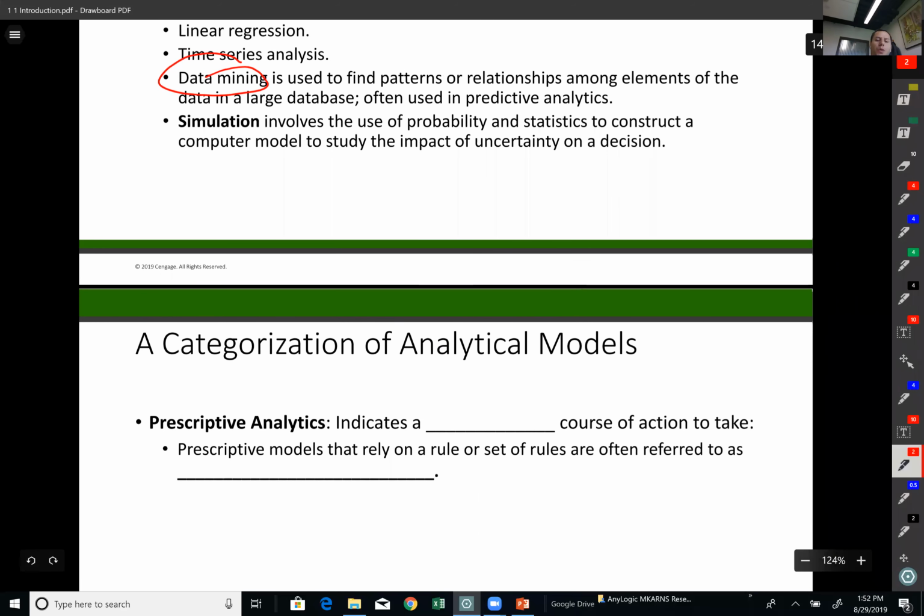So let's go to prescriptive analytics, which is the third and last component, and tries to find the best solution. And that's why these are called rule-based models. Why rule-based? Because in prescriptive analytics, we have a set of constraints, rules, and regulations to satisfy.